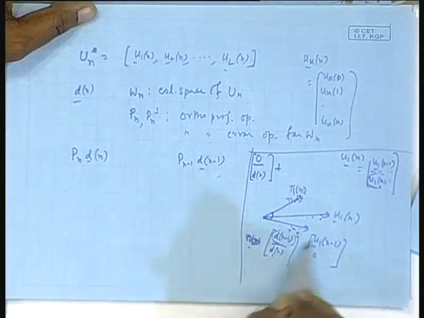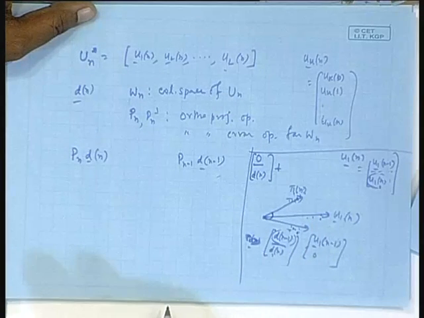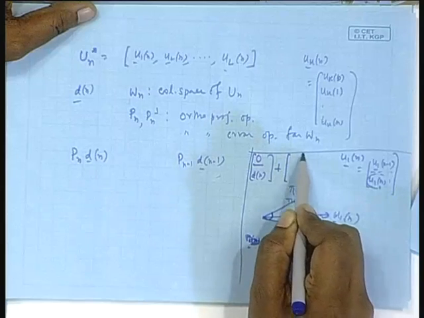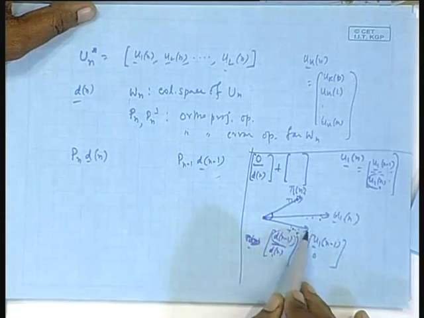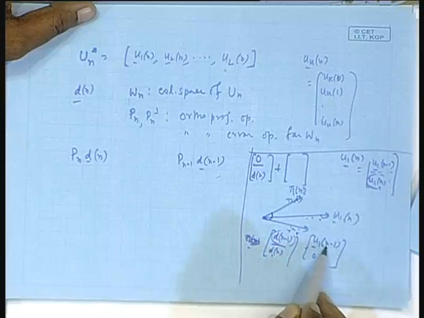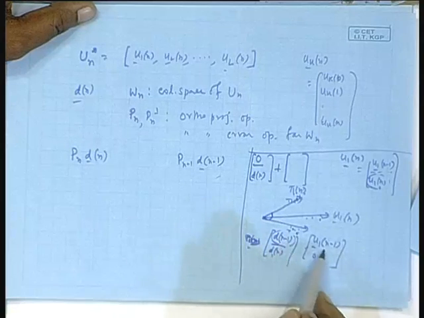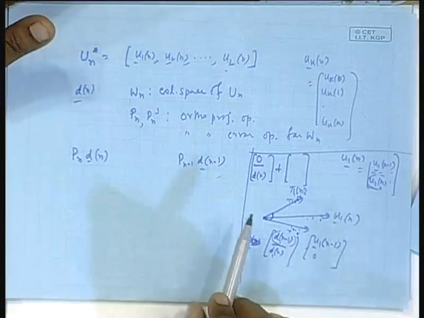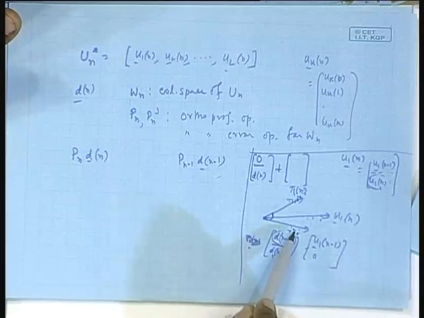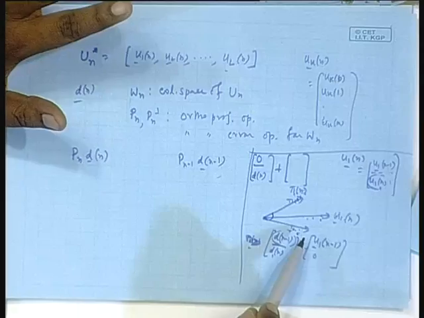And what is the projection on this? That is projection on this d n minus 1, you are doing inner product of this. What is the orthogonal projection of d n vector on this? D n inner product with this divided by norm square of this into this, is not it?